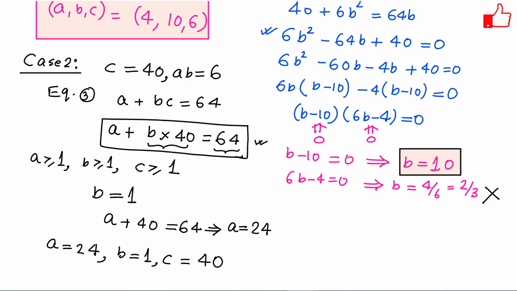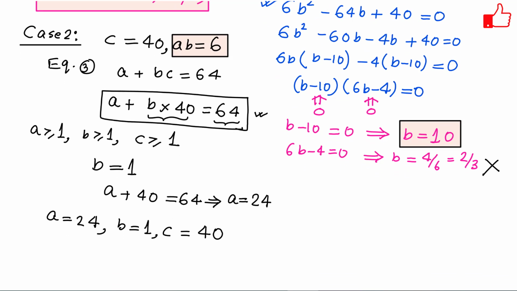But you remember this also has to satisfy the equation AB is equal to 6. So let us check whether this satisfies or not. A times B is equal to 6. But what we have, A is equal to 24 and B is equal to 1, which is not equal to 6.